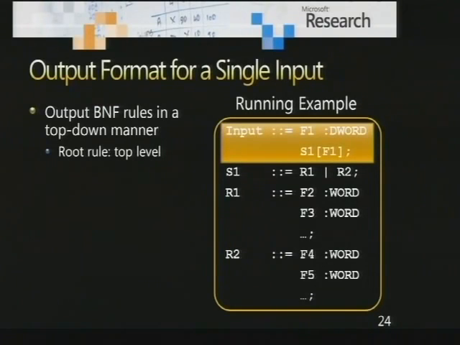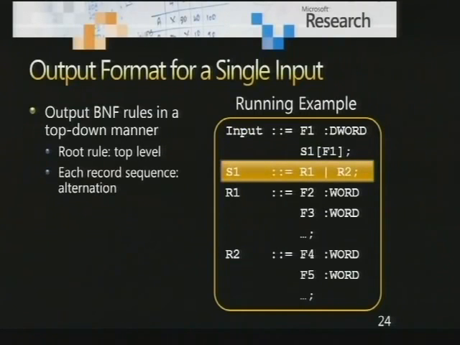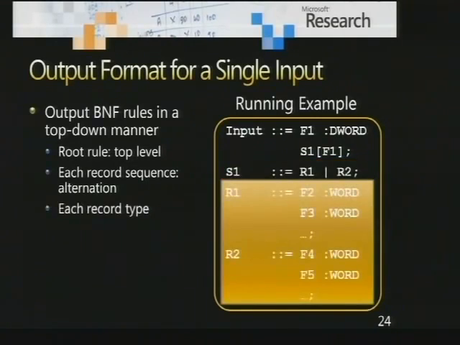F1 says the size of the sequence is decided by F1. Then, for each record sequence, we have an alternation rule that enumerates all the record types we identified in Tupni. Then for each record type, we enumerate the fields. And this process is done recursively, because each record type may have a sub-record sequence.